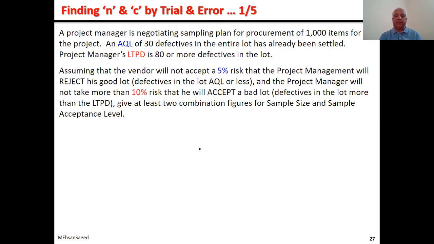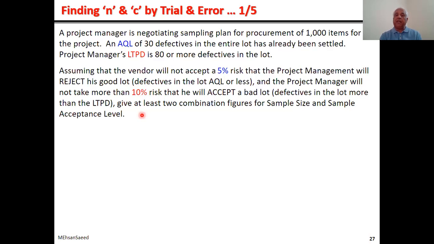The seller's OPA says that do not accept a risk of more than 5% that your good lot will be rejected by the buyer. Or in other words, alpha risk is 5%. And the buyer's OPA says do not accept more than 10% risk that you will accept a bad lot from the seller. So beta risk is 10%.